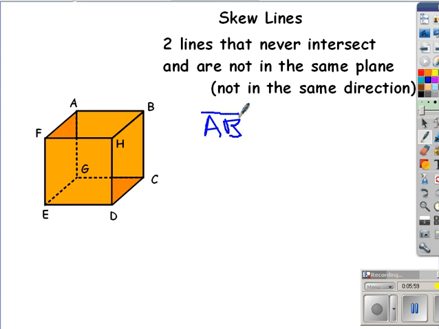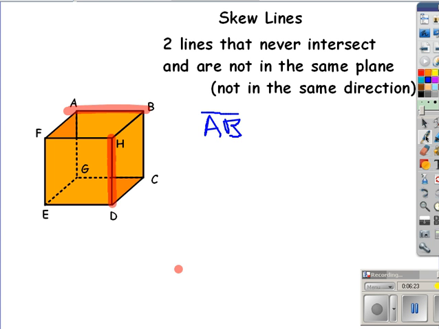However, if you look at, and I'm going to highlight them here just to help a little bit, AB and, say, HD, those two lines will never intersect each other. They'll never touch, and they're not going in the same direction. One is going vertical, one is going horizontal. Those two lines are skew.